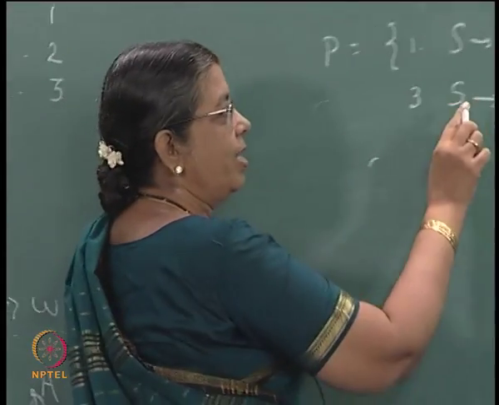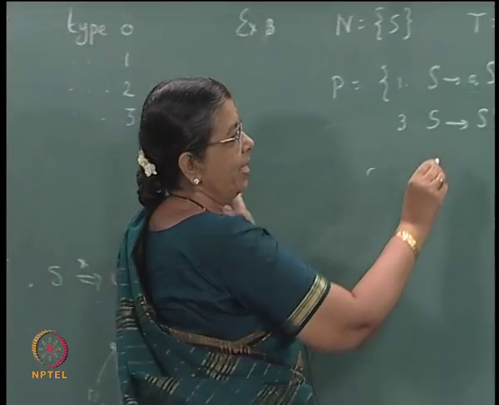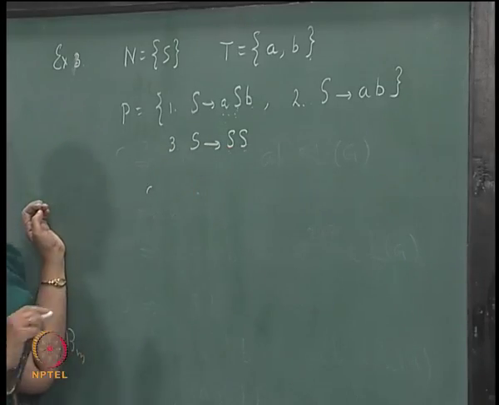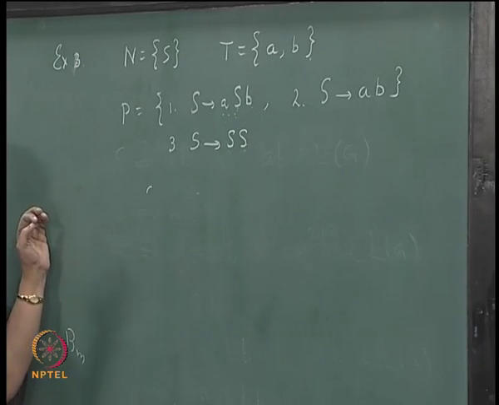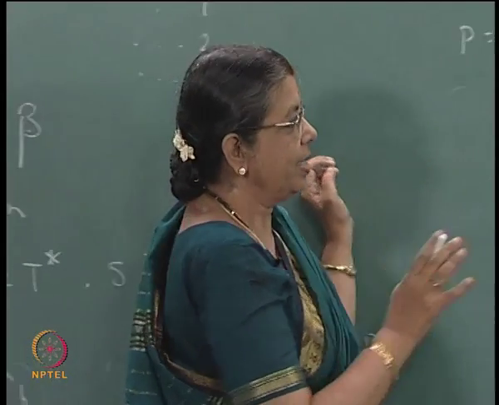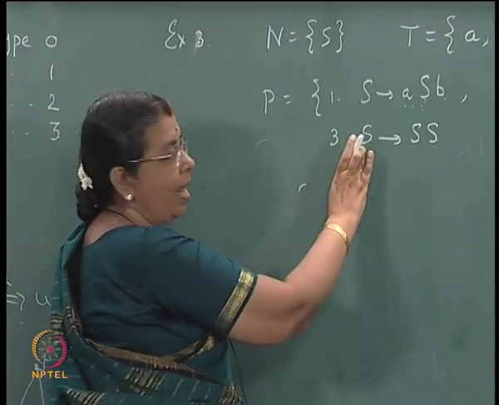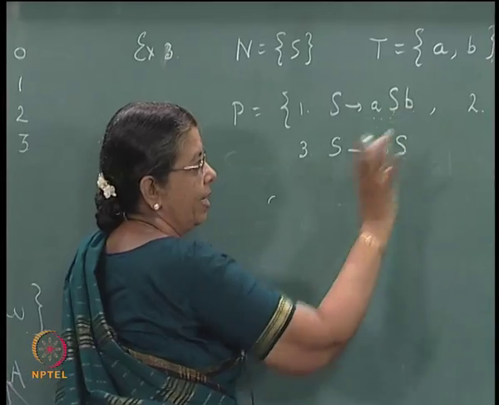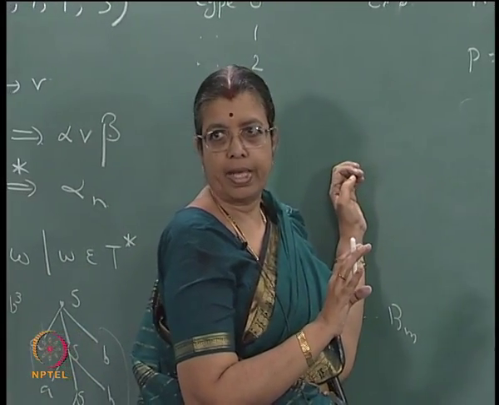You are having one additional rule, S goes to SS. Now, this rule has two non-terminals on the right hand side. So, this is not a linear grammar, it is higher than that. It is a type 2 grammar because on the left hand side there is only one non-terminal, on the right hand side you have a string. So, it is type 2, but it is not linear.